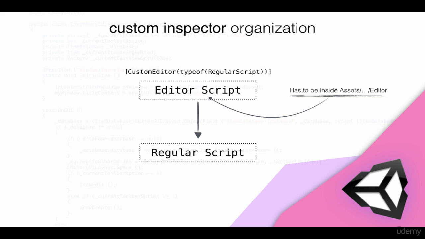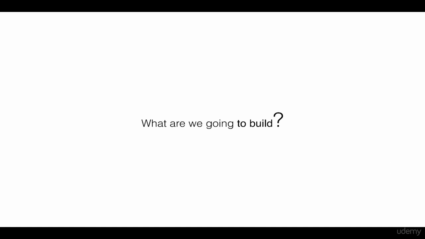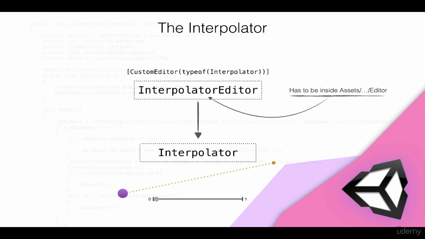It might be kind of weird right now to take a look at this image and realize what it is, but of course we're going to take an in-depth look at how you can build your own custom inspectors. And of course, what we're going to build in these few lectures where we cover custom inspectors is an interpolator.